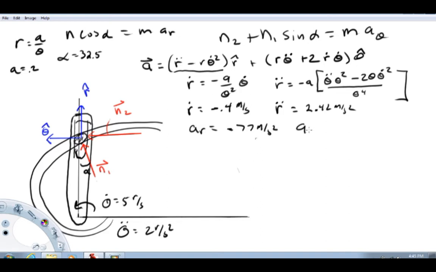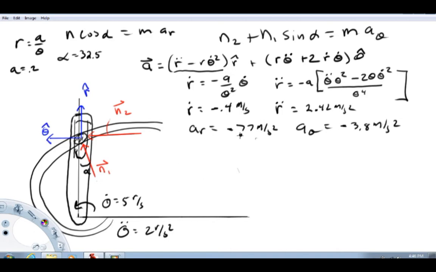And a sub theta, r double dot plus 2 r dot theta dot, I think when I work this out, comes to negative 3.8 meter per second squared. So again, we got negative 0.77 and negative 3.8 meter per second squared.